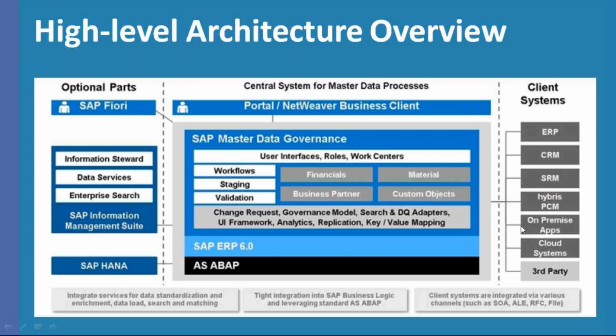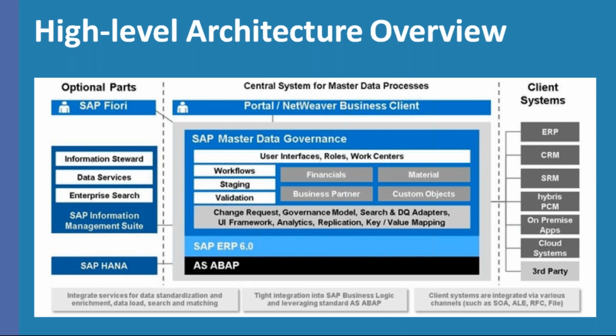This is a very detailed architecture. Again, the same story: the left-hand side is the source, the right-hand side is the target, and the middle is MDG. On the left-hand side you receive data from HANA or certain data services, Information Steward, some integration tools, and other SAP systems or non-SAP systems.